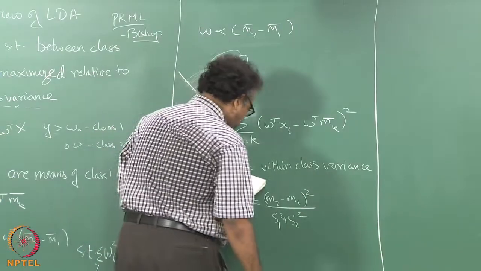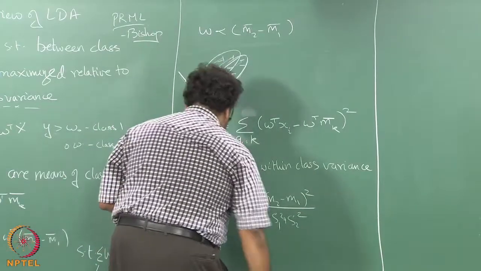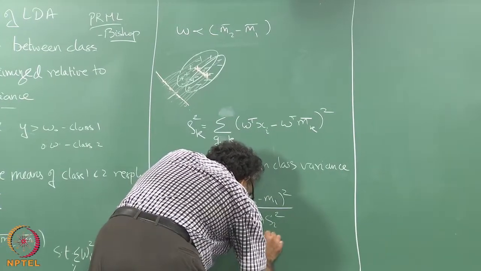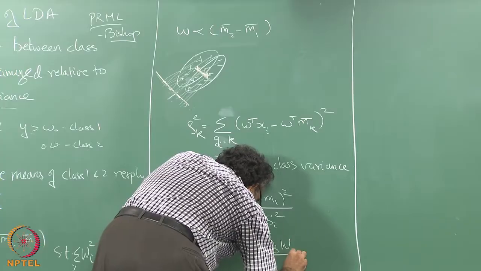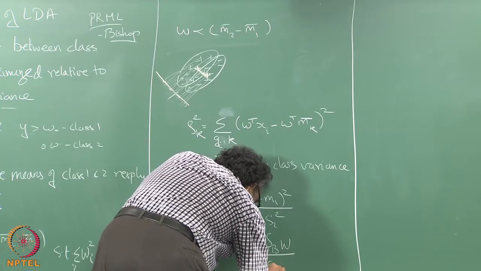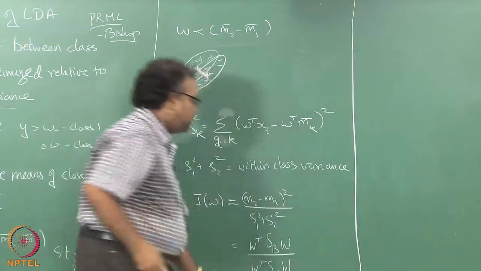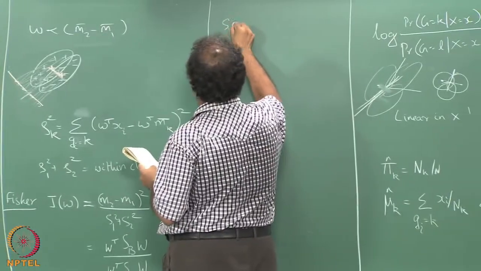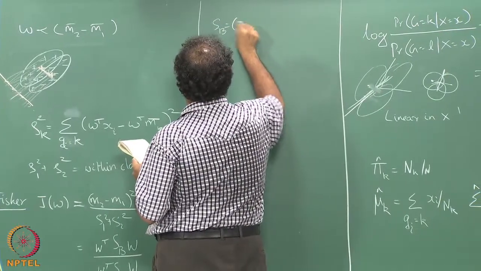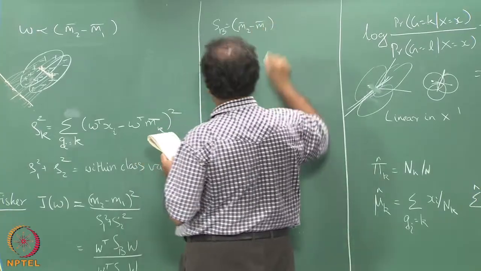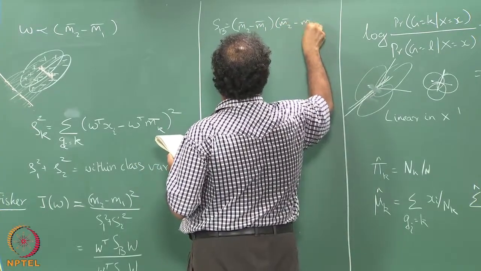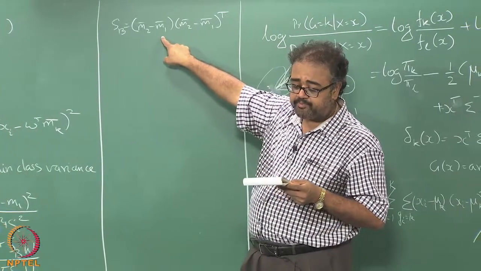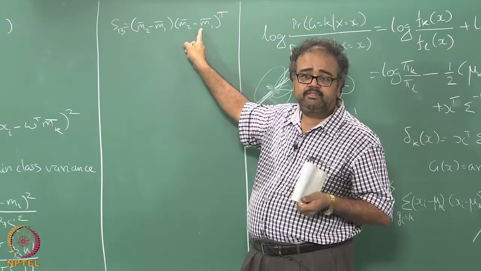So here I am going to do something confusing. Right, so I am going to rewrite it. Right, so this is the between class covariance matrix, right.